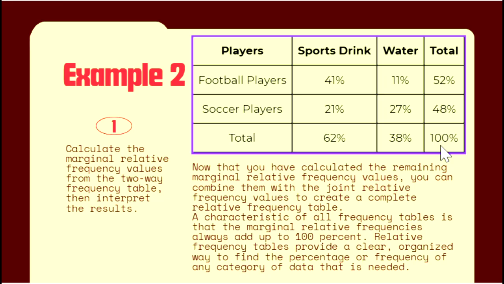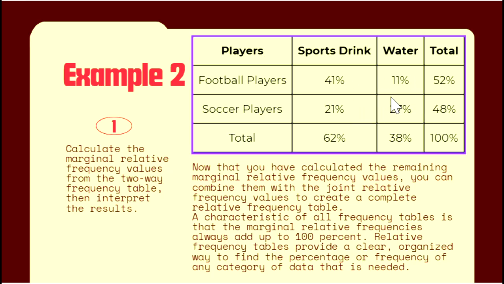Relative frequency tables provide a clear, organized way to find the percentage or frequency of any category of data that is needed. When you're dealing with relative frequency tables, which we're dealing with today, you're getting percentages.